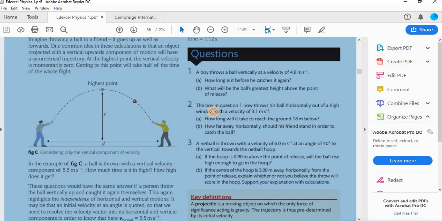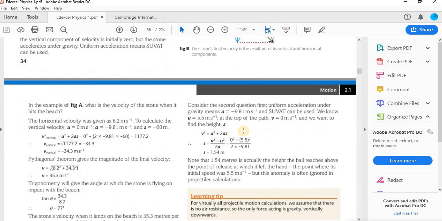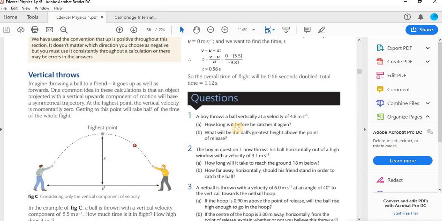Then if it was a vertical throw, okay, so here it is thrown at an angle. When it is thrown at an angle, it will reach a highest point. Let's say somewhere there. When it is at the highest point, the vertical velocity is 0, but the horizontal component of velocity throughout the motion is the same.